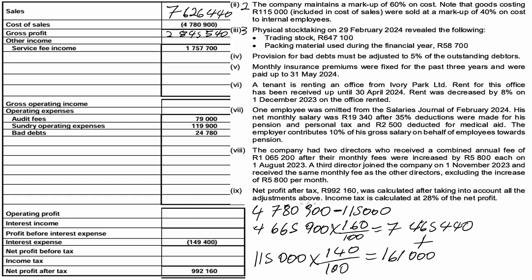We need to take into account now other income. So on other income, guys, as you can see already, given a figure of service fee of 1,757,700, and then we need to check if we have any other income. Yes, we have.